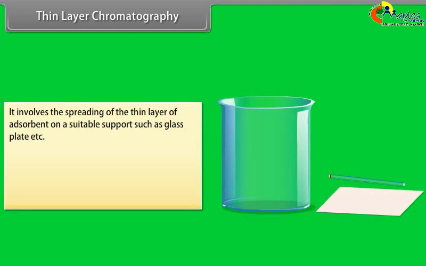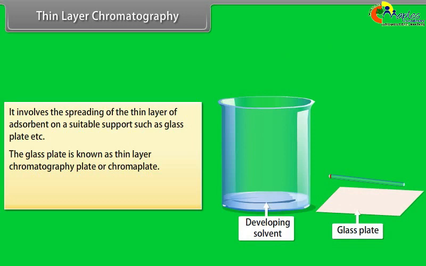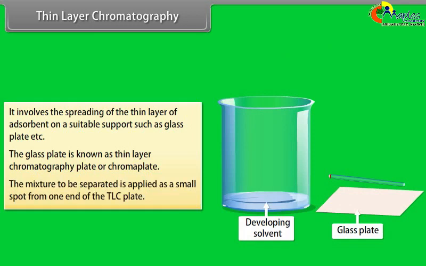Thin layer chromatography involves spreading a thin layer of adsorbent on a suitable support such as a glass plate. The glass plate is known as a thin layer chromatography plate or chroma plate. The mixture to be separated is applied as a small spot at one end of the TLC plate.